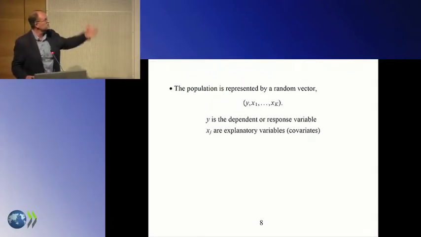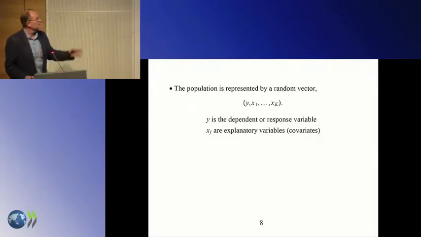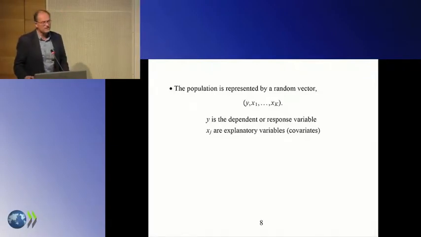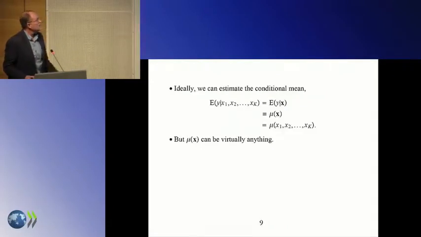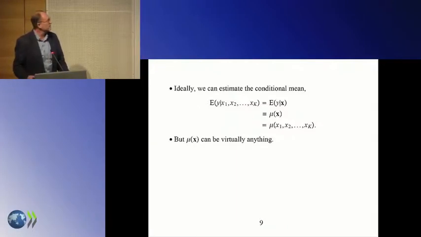Okay, so standard notation, y is the outcome variable, the x's are the explanatory variables or the covariates. As we do so much, we are using random variables to represent population distributions. So let's take the ideal case where we have enough controls so that if this is a policy intervention, then we know that we're interested in a conditional mean.